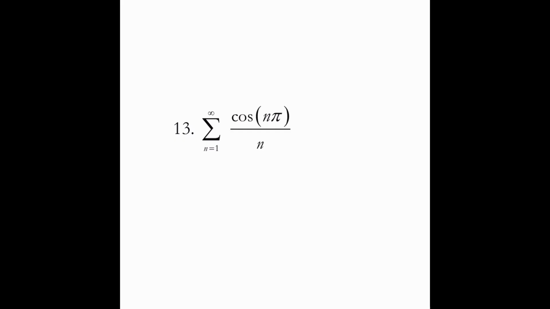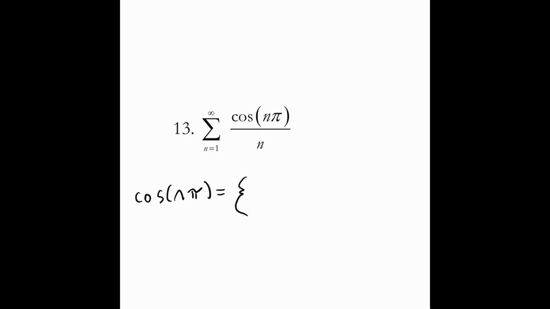Number 13 is a very interesting problem. The way that it's written, it looks like it's going to be very messy. But note that cosine of n pi is something that we're going to be able to simplify very easily, very directly, right?